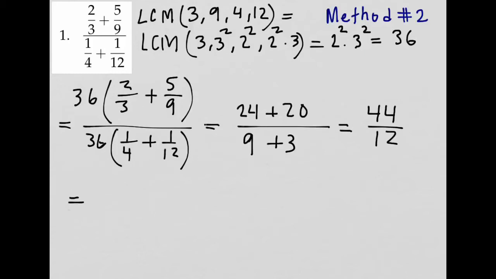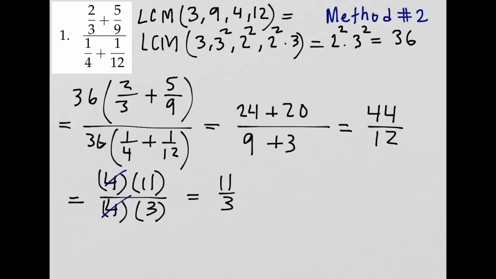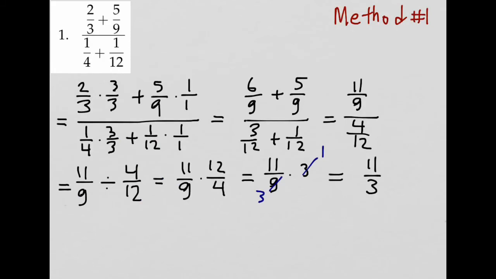Now 44 is 4 times 11, and 12 is 4 times 3. After canceling the 4's, we are left with 11 over 3, which is our answer in lowest terms. Notice how it is the same exact answer we got from method number 1.